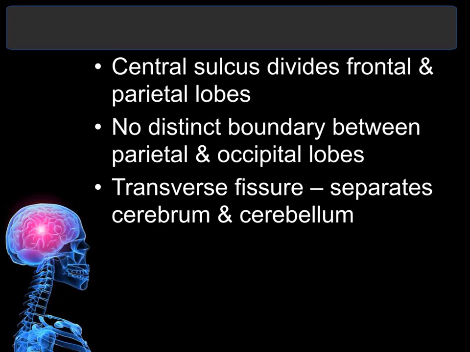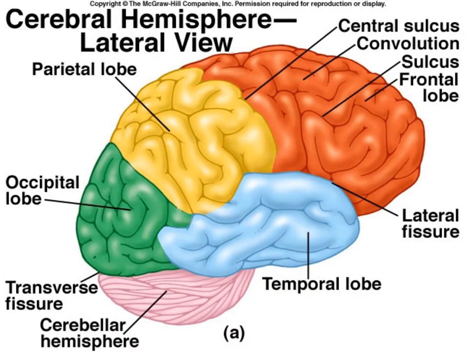And then the transverse fissure, which is a very deep fissure, is a separation between the cerebrum and the cerebellum. So in the red is the frontal lobe, in the yellow you see the parietal lobe, green is the occipital lobe, and the blue is the temporal lobe, and the pink is the cerebellum.